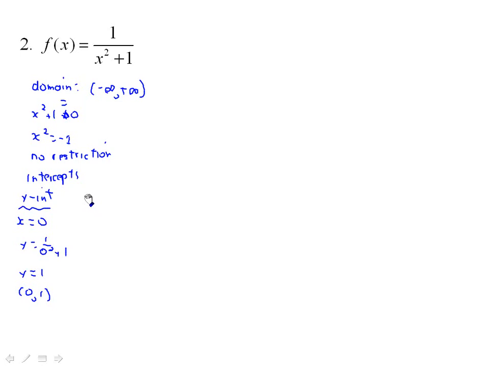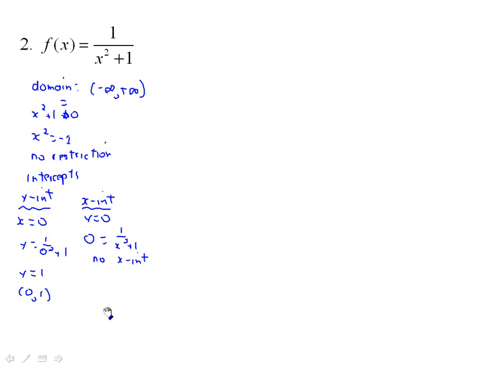And then your x-intercept, there is none. If you set y equal to 0 and try to solve this, you'll get no place. It cannot be equal to 0. So there's no x-intercept.